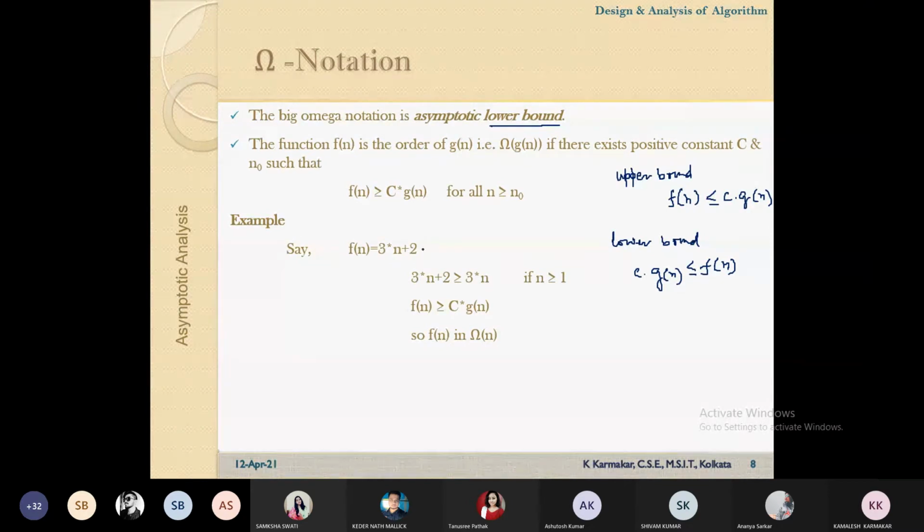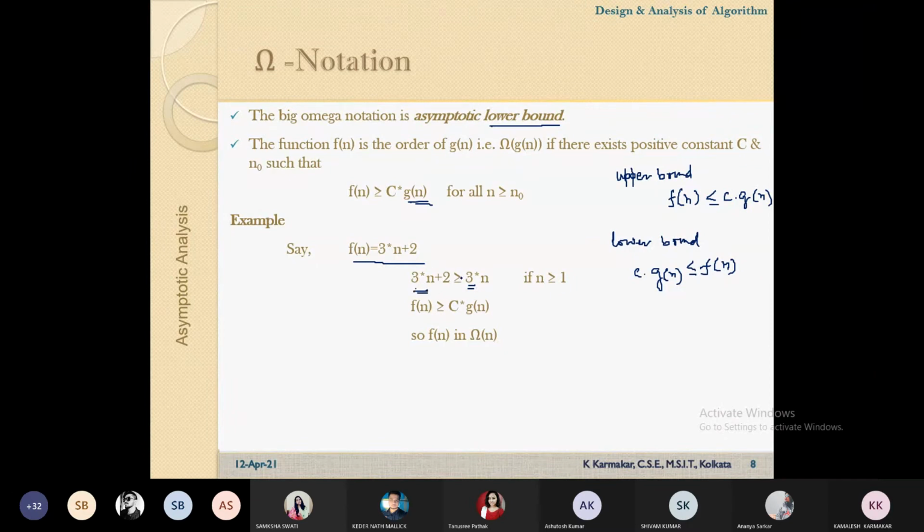If we take the same example, f(n) equals 3n plus 2, we are considering that g(n) equals n and some constant value c, so we are again assuming that c equals 3. This inequality will always be satisfied for any value of n greater than or equal to 1, because this part is 3n.